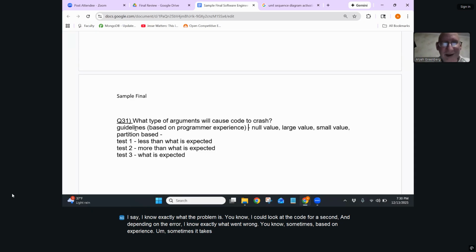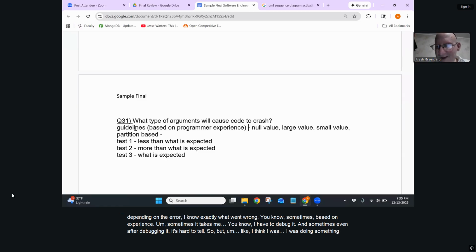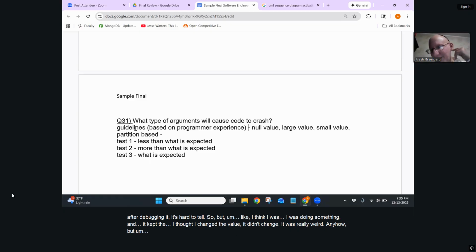Sometimes I have to debug it, and sometimes even after debugging it, it's hard to tell. I thought I changed the value, it didn't change. It was really weird. I'm still not sure exactly why it was so hard to debug.